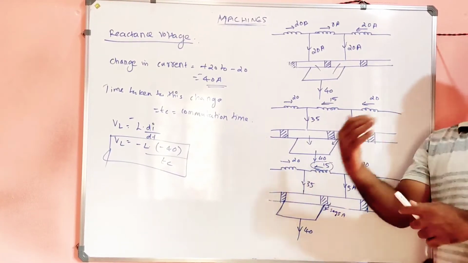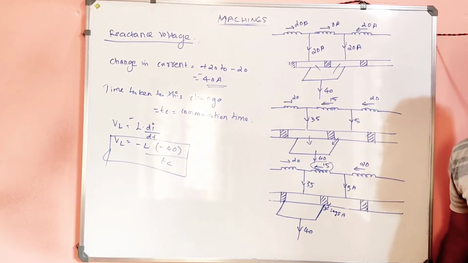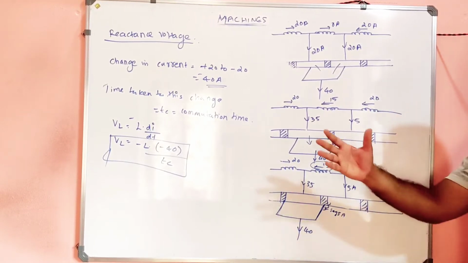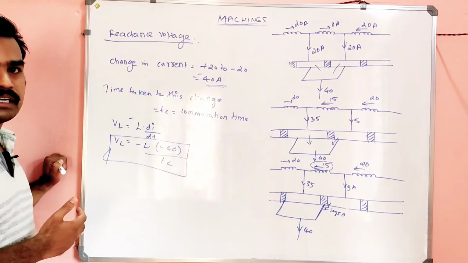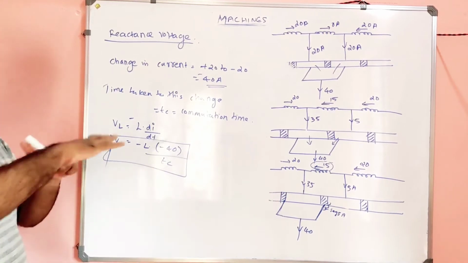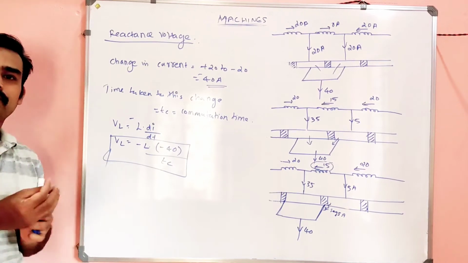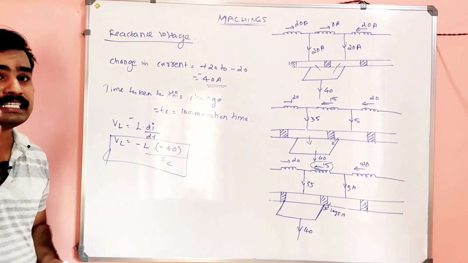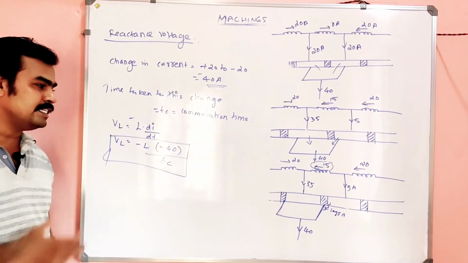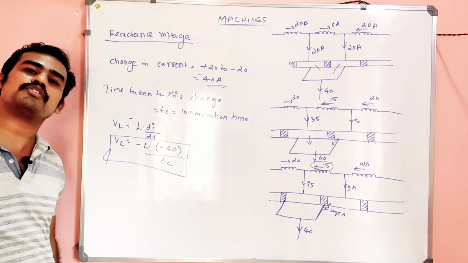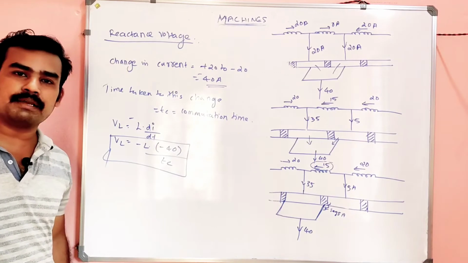In the case of a generator, it opposes the induced EMF by a small fraction. That is the reason there is a small dip in the induced EMF, due to armature reaction. I already explained this. This is also one of the reasons for the dip in the induced EMF.